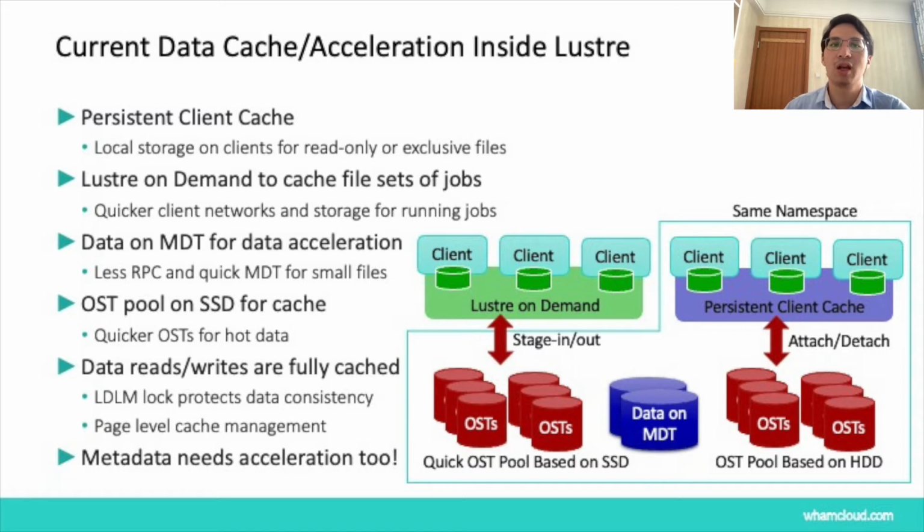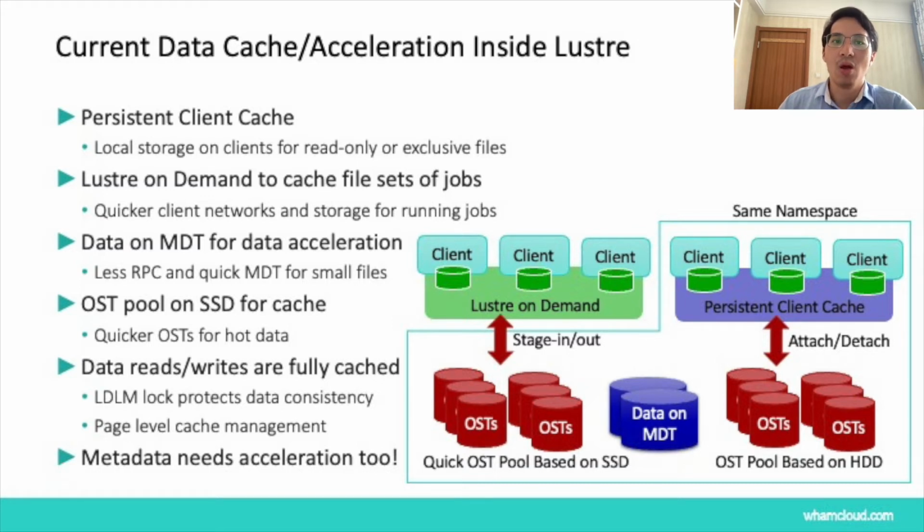We can use Data on MDT to accelerate the performance of accessing small files by reducing the RPC numbers. And by using an ancient feature called OST pools, we can build a storage pool based on quicker storage like SSD or NVMe compared to the normal storage, and use that pool to accelerate the data access of hot data.